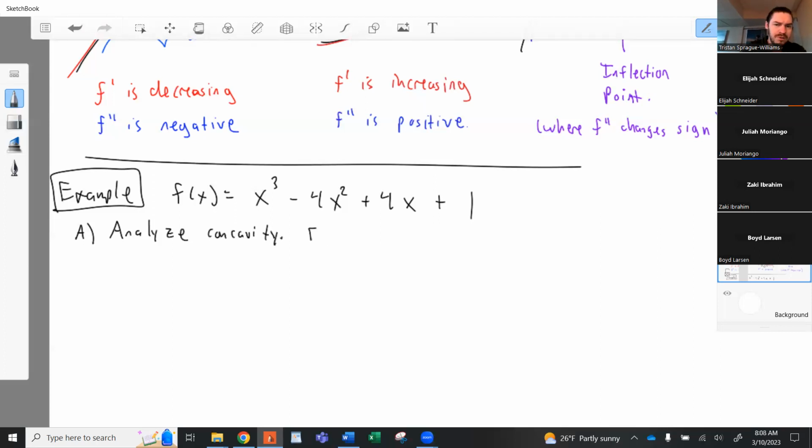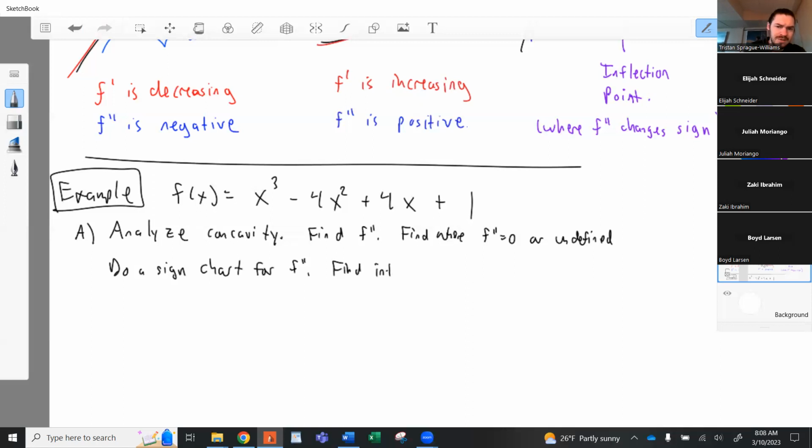To do this, we'll find the second derivative, find where the second derivative equals 0 or is undefined, and then we'll do a sign chart, a sign analysis for the second derivative. And then from that, we'll find intervals of concavity and inflection points.